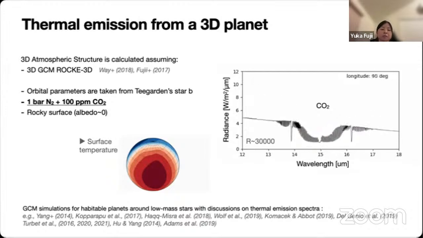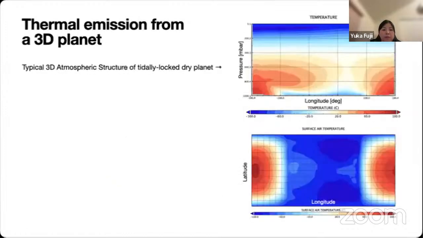So how does this three-dimensional structure affect the thermal emission spectra? The figures on the right show the three-dimensional atmospheric structure, where the upper panel shows the temperature map as a function of pressure and longitude from the substellar point. And here it's a temperature map as a function of latitude and longitude, also centered on the substellar point.